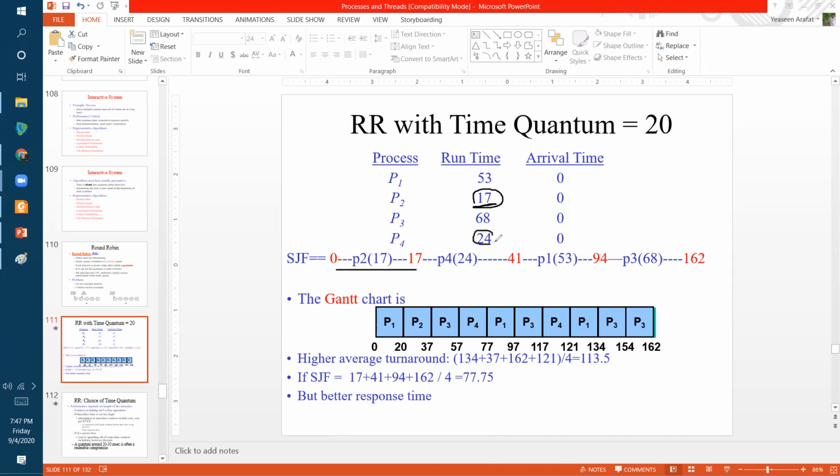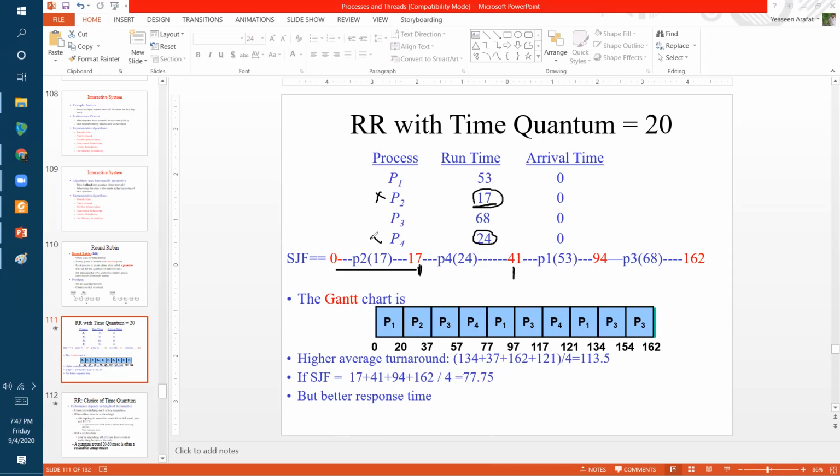At first P2 has done its job, then the scheduler gives the CPU to P4, because among P1, P3 and P4, P4 has the shortest runtime to finish its job. So P4 starts from 17 and ends by 41.